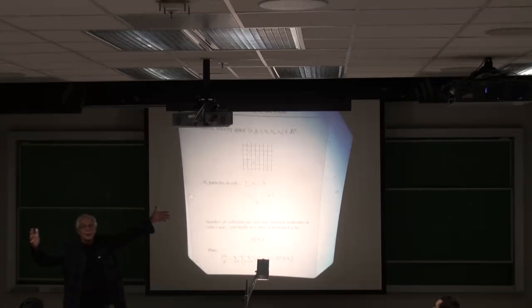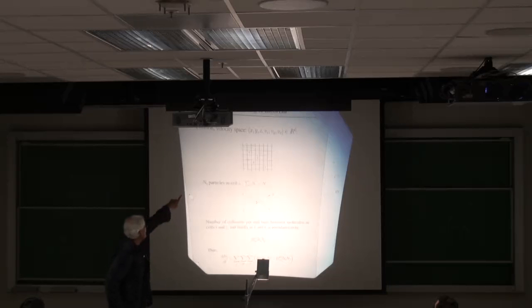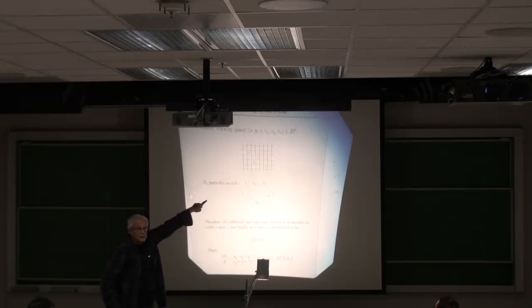All right. We have a large number of atoms in a gas. A given atom has coordinates x, y, z of position, and velocities vx, vy, and vz in those directions.